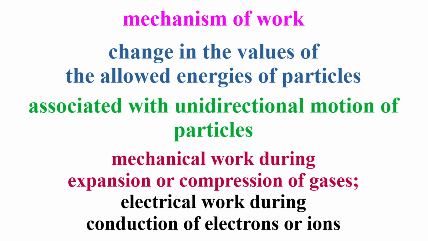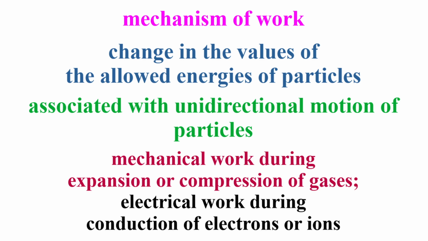Mechanical work occurs during expansion or compression of gases when the particles of the gas exhibit a unidirectional motion. Electrical work occurs during conduction of electrons through a metal or of ions in an electrolyte solution when the electrons or ions exhibit a unidirectional motion.